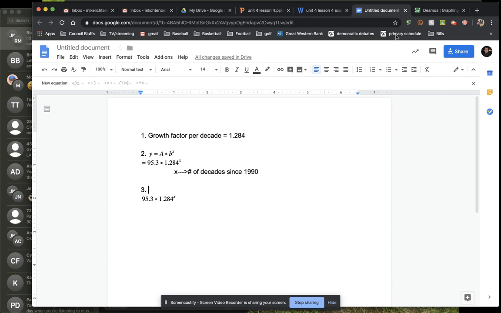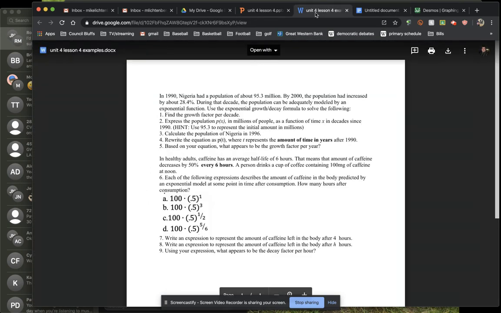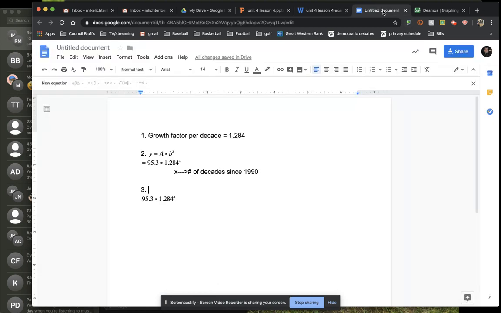So if I want to figure out the population 6 years after 1990, I need to take 6 and divide that by 10. So 6 years divided by 10 is actually going to give me 0.6 decades.